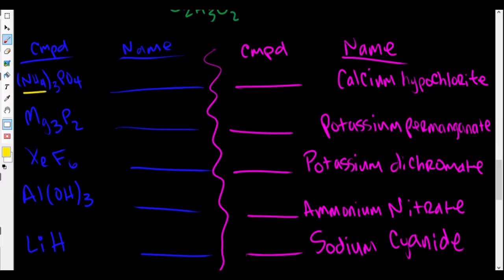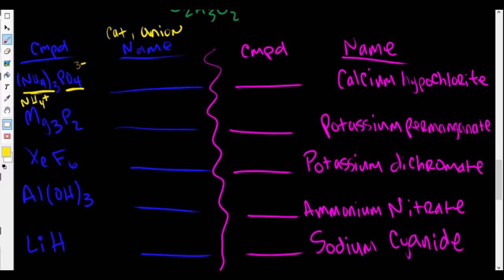So right here, we have NH4+. We have 3 of them, but that's not a huge concern. That's just to balance this. And we have PO4 3-. So when you're naming something that has 2 polyatomics, you're literally just going to put the two names of them in order of cation, anion.